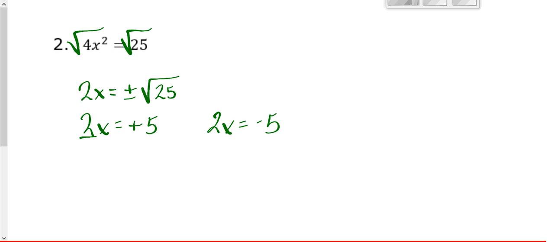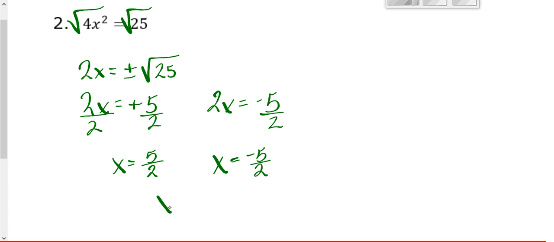Okay, so I'm going to divide both sides by 2. And I'll be left with x equals 5 over 2 and x equals negative 5 over 2. So remember, we can also just write that as x equals plus or minus 5 over 2.